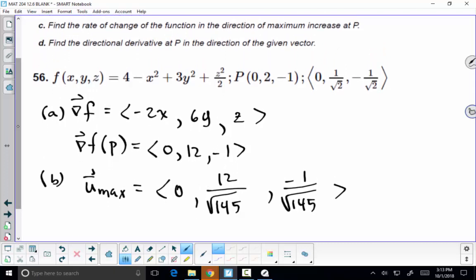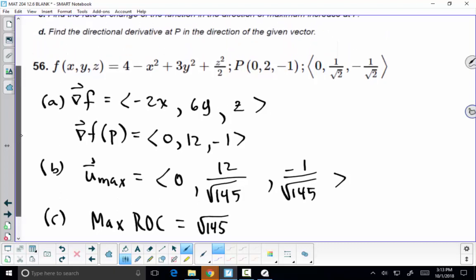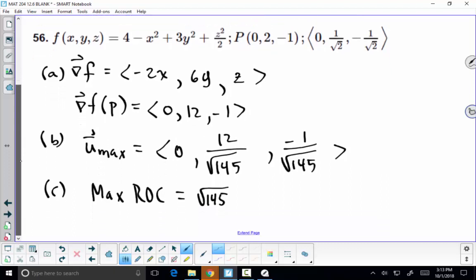Find the rate of change in the direction of maximum increase. The max rate of change is the square root of 145. And part D, find the directional derivative in the direction of the given vector.